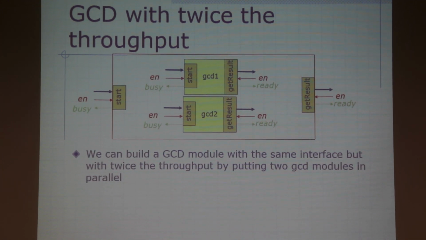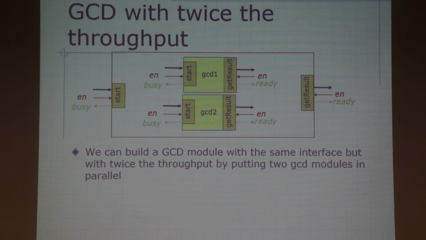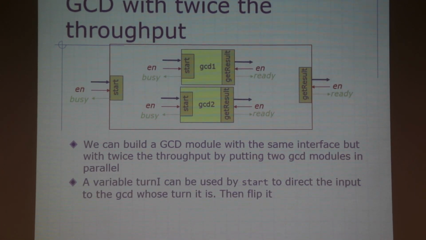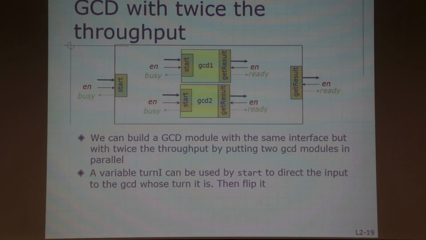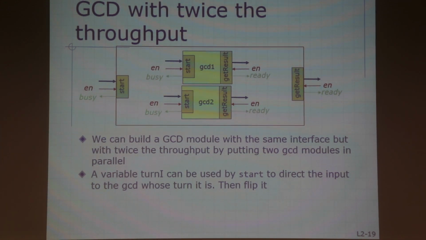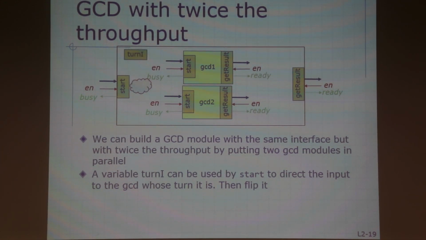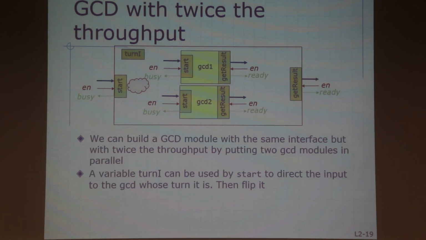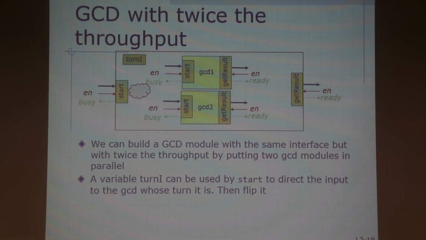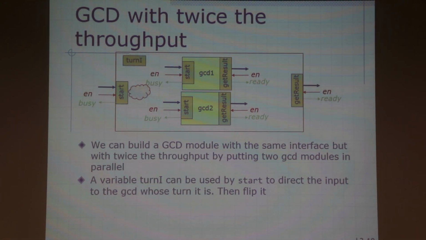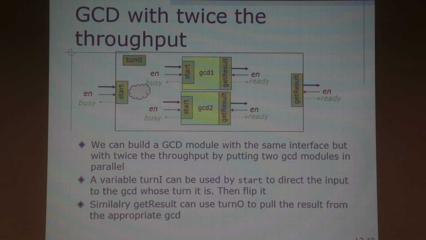With the same interface, but with twice the throughput. A variable turn can be used to direct the input to the GCD. You can initialize it to true, so it sends the input here; next time it will send it there. So you keep flipping it, and you can play a similar trick at the output.